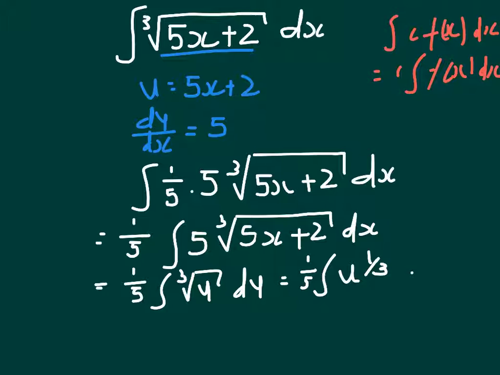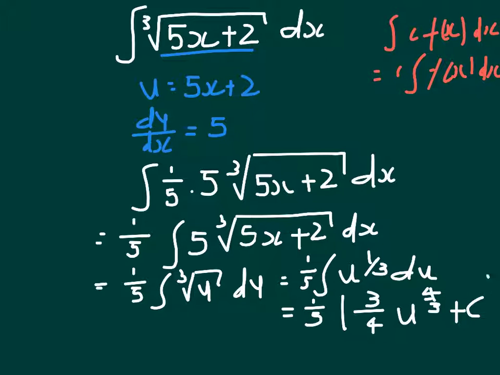If I integrate that with respect to u, I have a fifth multiplied with u to the power 4 over 3 times 3/4, plus c. So I'm going to have 3/20 of u to the power 4/3 plus a fifth times c. But my constant is a constant, so I can just keep on writing it as c.